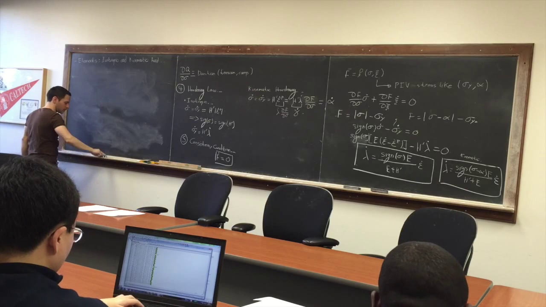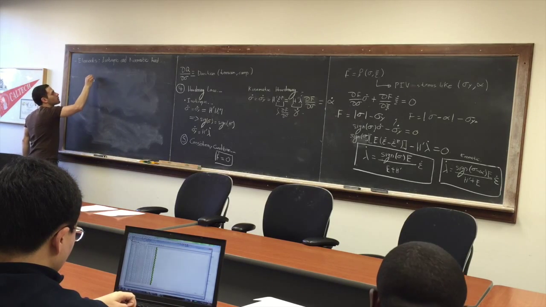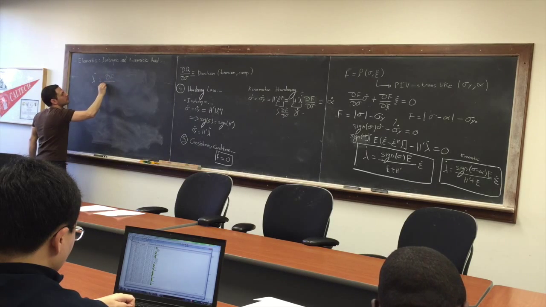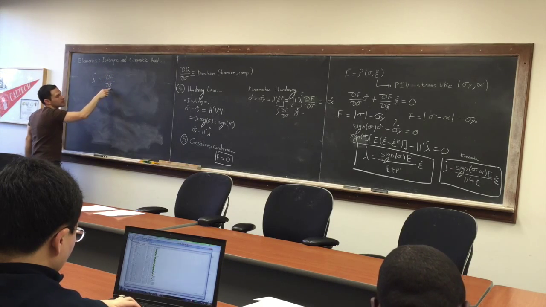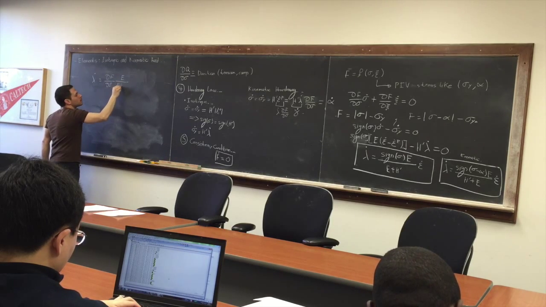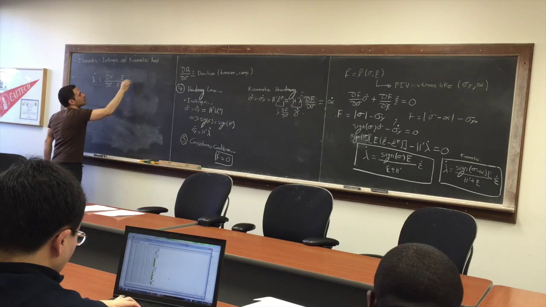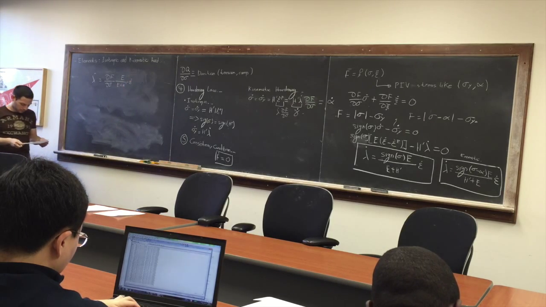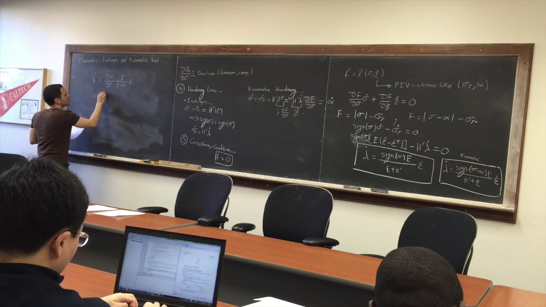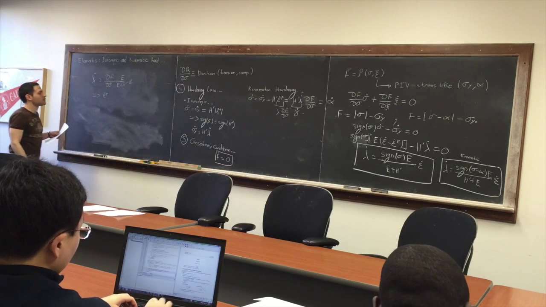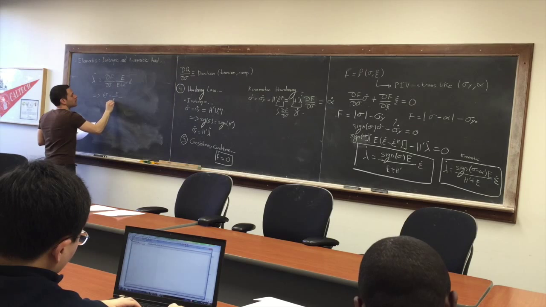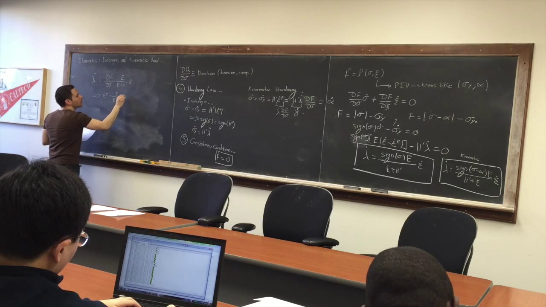So in general, for the two cases, or for a general case, we can express lambda dot as a function of this derivative times epsilon dot divided by E plus H prime, which implies that the plastic strain rate is equal to this quantity here.